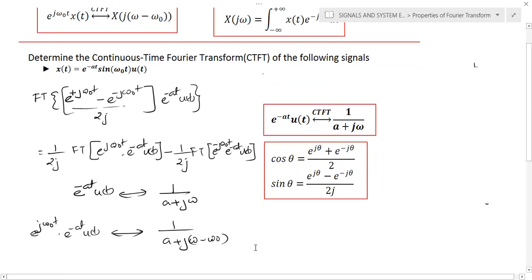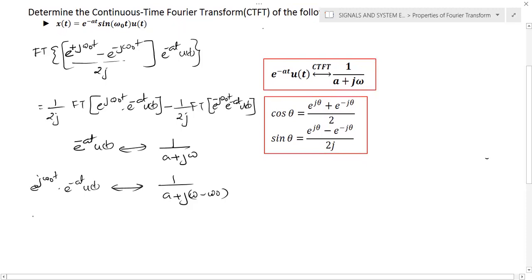Okay. Similarly, the next term, it's e raised to minus j omega 0 t into e raised to minus at into u of t. As we explained in the previous case, it's simply a plus j omega plus omega 0.